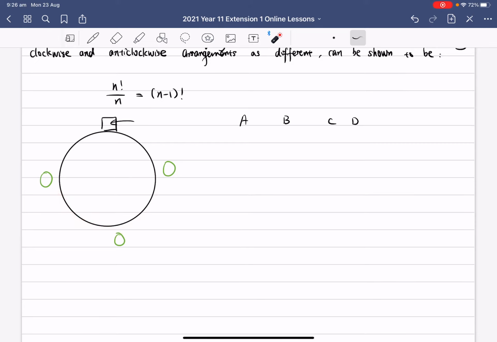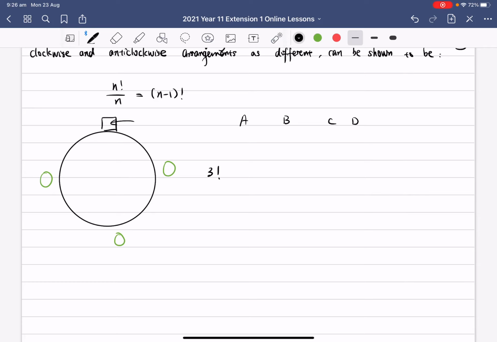So that gives you 3 factorial ways, because there is no first place to fill. We fix that place and rearrange the rest of the 3 places, which in this case is just 3 factorial. So that's another way to think about a circle arrangement.